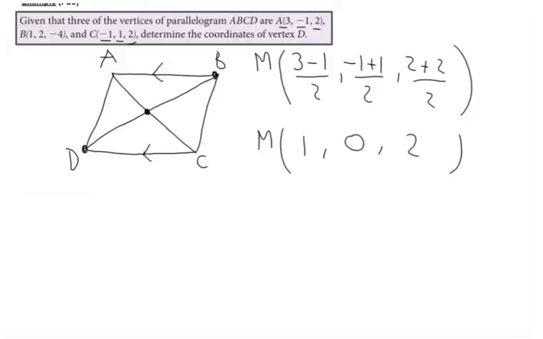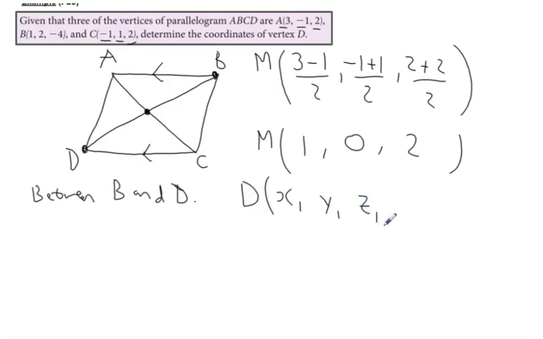So what we can say is between B and D, if we call D, say, x1, y1, z1, or you could just call it x, y, z, but I'll stick with the x1, y1, z1. It's just the x, y, and z coordinates of point D. So the midpoint we know is at 1, 0, 2. We know that point B is at 1, 2, minus 4.